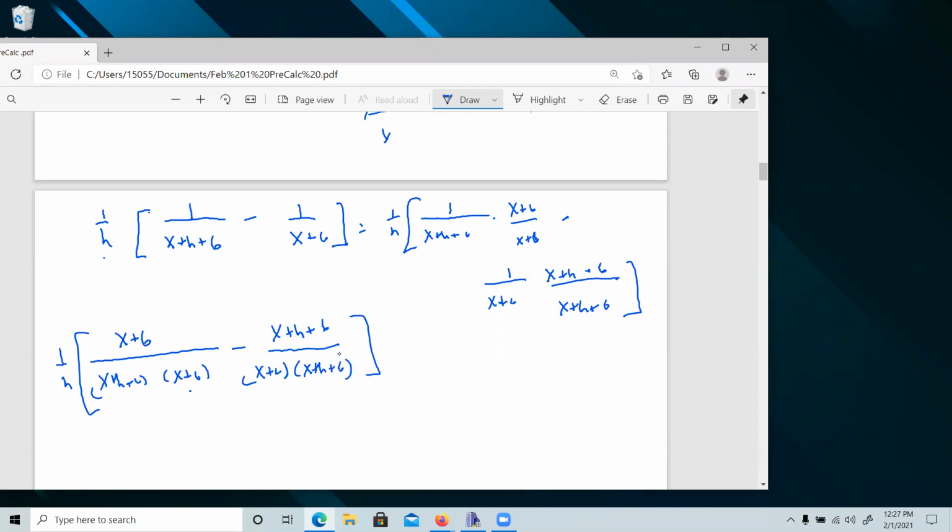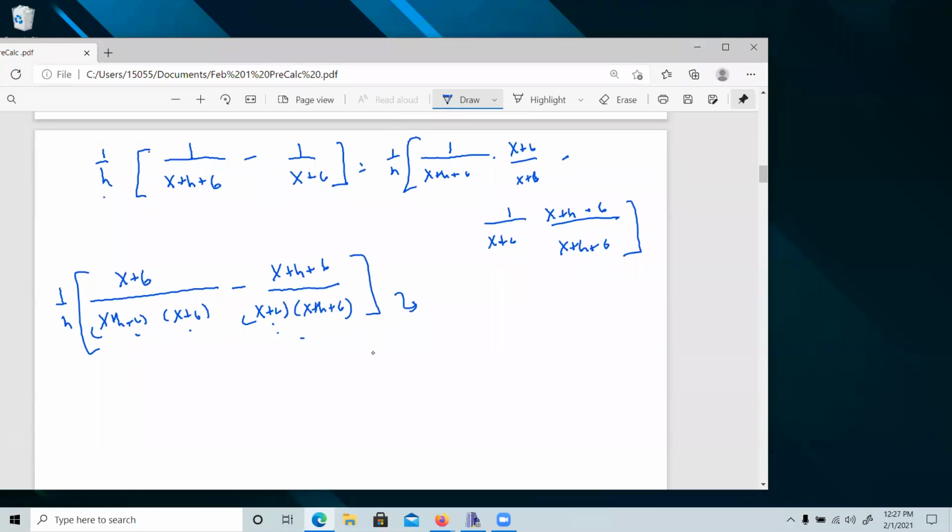Notice that these are the same. Now we're just going to subtract. Be very careful with your signs. I'm going to put them all together here: this is x plus 6, and then we have minus x minus h minus 6. Be real careful with your signs that way.